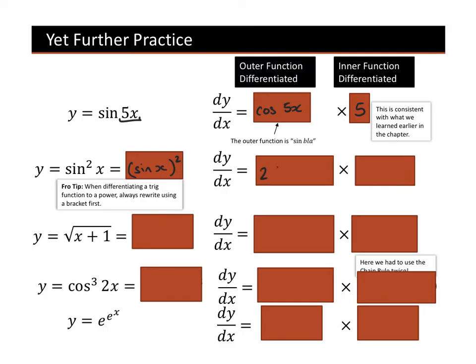Differentiate the bracket to bracket sine x to the power of 1 multiplied by the differential of the bracket, which is cos x. So that is actually going to simplify to 2 sine x cos x, which looks very similar to some form of double angle, doesn't it? It does, right?